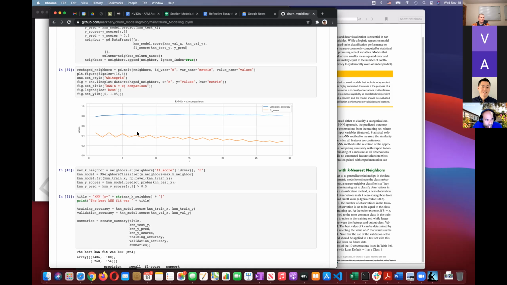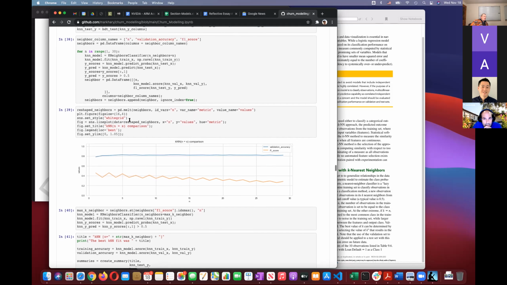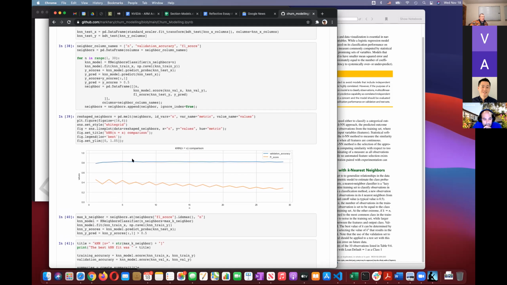But this is generally what kNN is. And the one on the top, what is that line? The blue? That's the validation accuracy. And to be honest, this is against our data set, and I'm surprised that it is as flat and steady as it is.